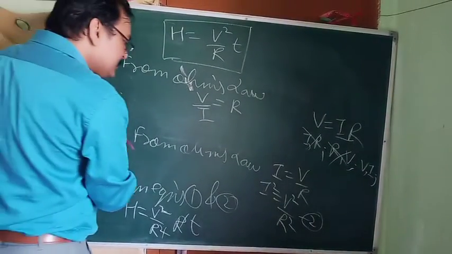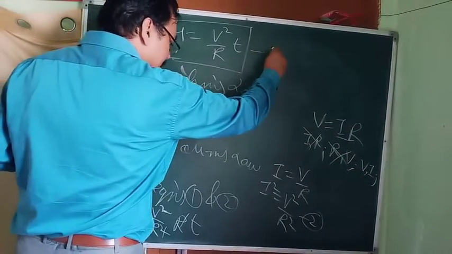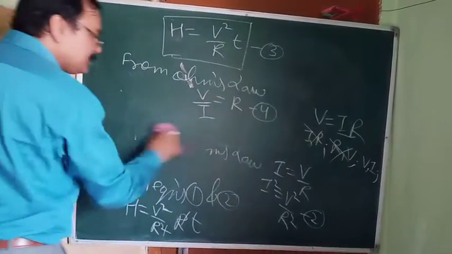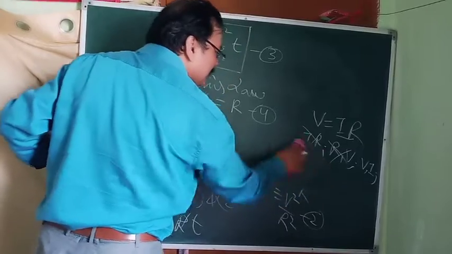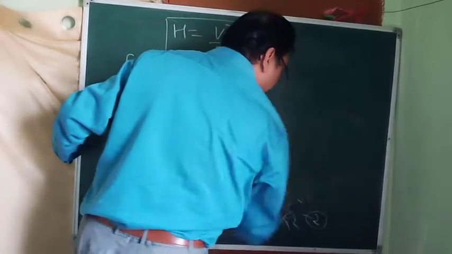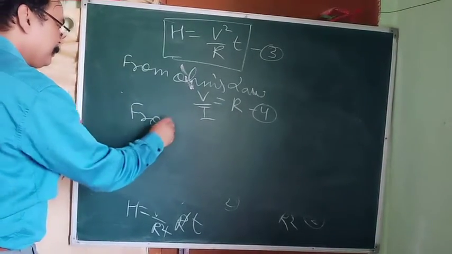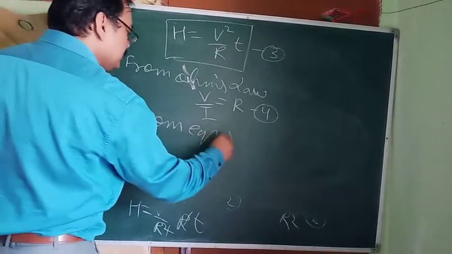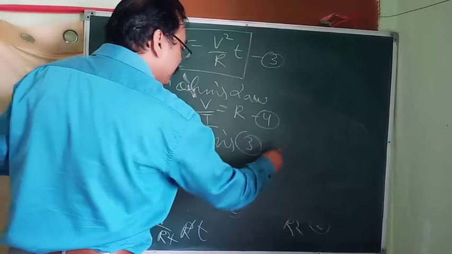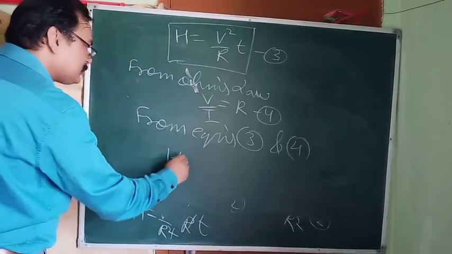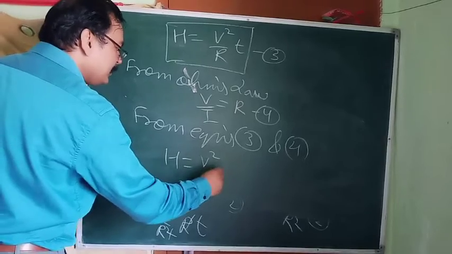If we call this equation number 3 and this equation number 4, then from equations 3 and 4, what will we get? H is equal to V square.